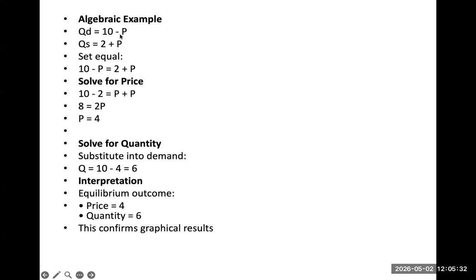So 10 minus P is equal to 2 plus P. Solving for P, you group like terms. Therefore, the minus P crosses the equal sign to become plus P. Therefore, 10 minus 2 is equal to P plus P. So 8 is equal to 2P. 4 is equal to P. P is equal to 4.